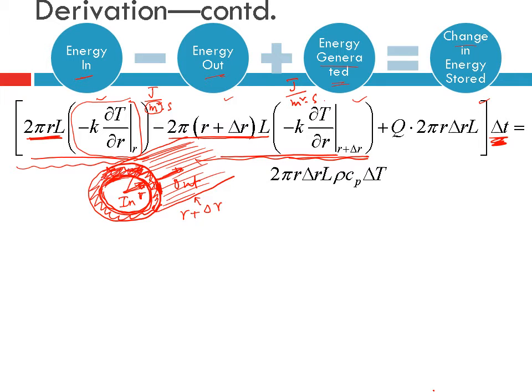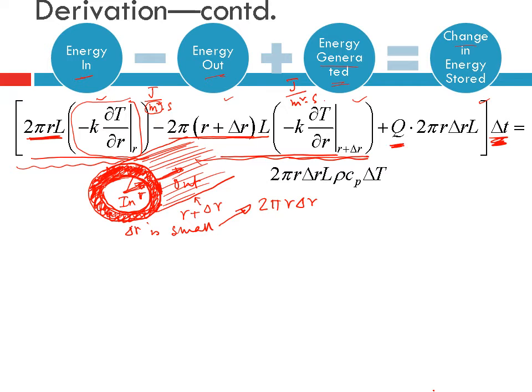And now in this control volume there can also be energy generated, as we already discussed. So if q is the rate of energy generation, then notice that because this volume is thin, delta r is small, this area that you see is 2 pi r delta r, because 2 pi r is the circumference.